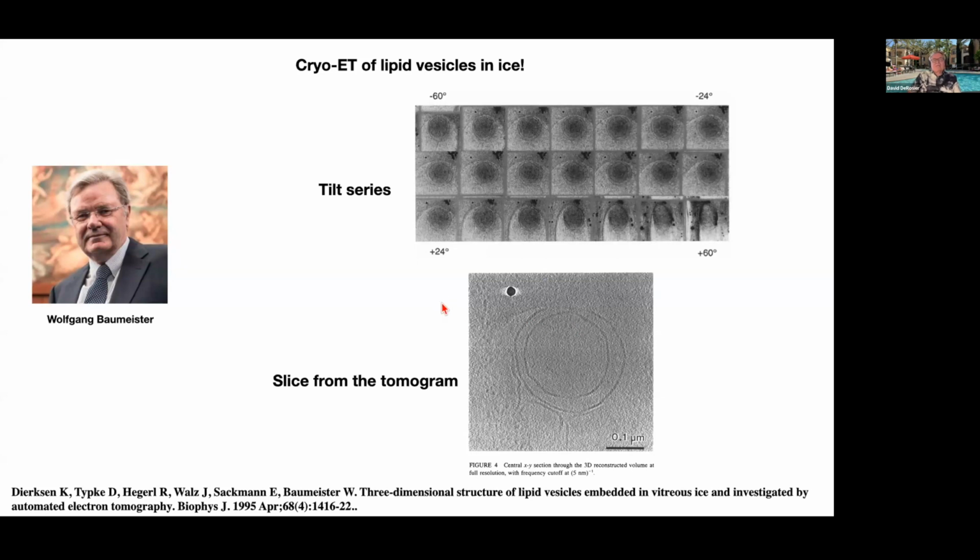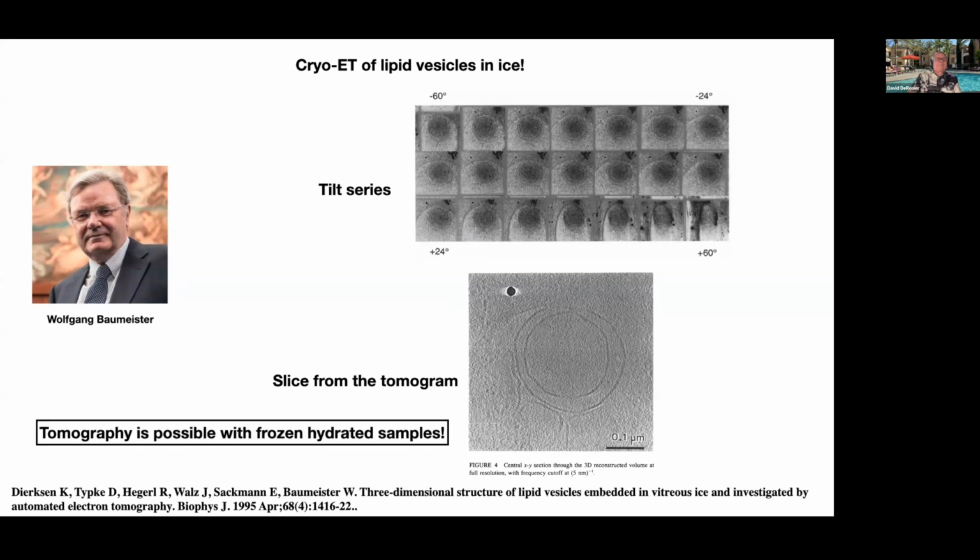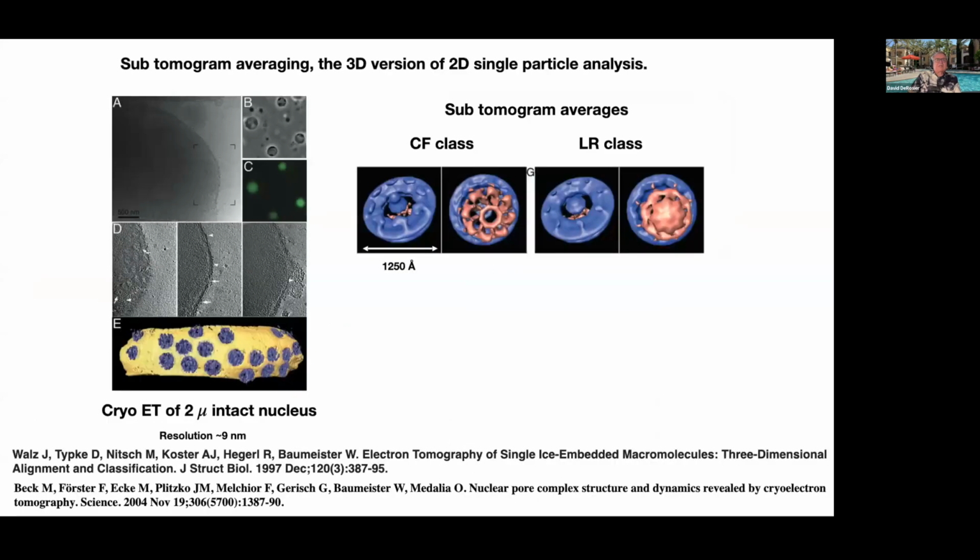And of course, people began to use this tomography on frozen hydrated samples in order to study cells. And there was an additional feature that he introduced, and that was subtomogram averaging. So in single particle work, you collect two-dimensional images and you sort them into classes.